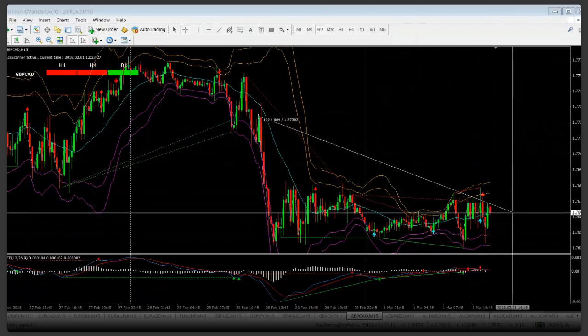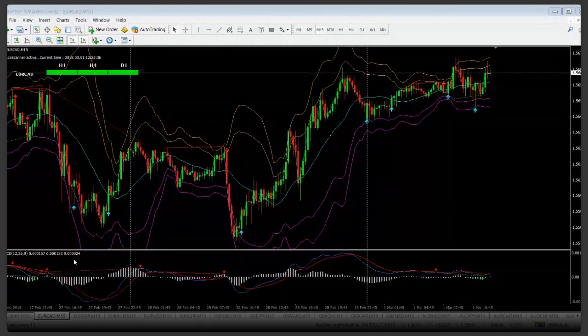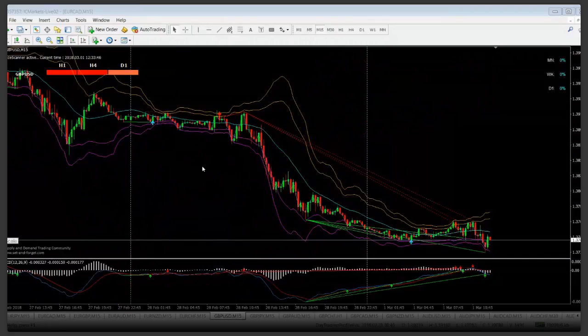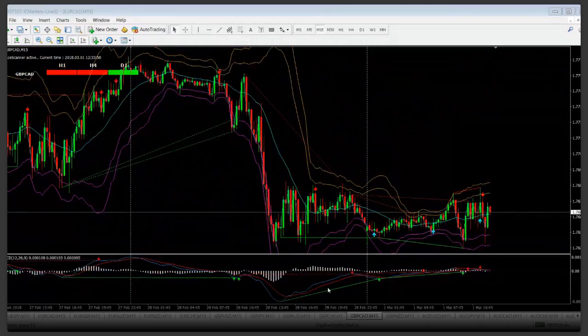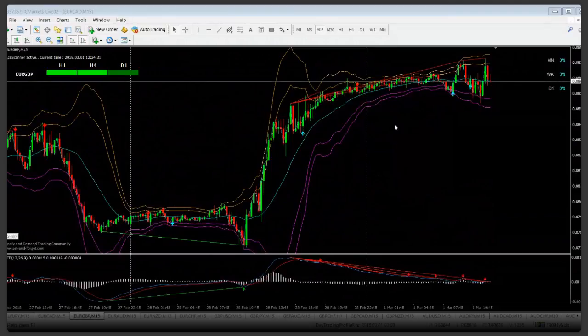You know, liking this just to pop up to this area here. Euro, British pound, 30-minute sell signal.